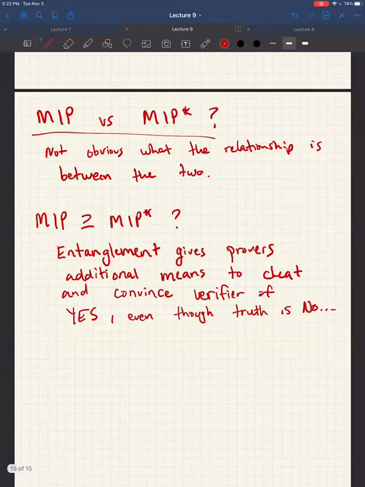So this is one intuition for why giving provers this extra power is detrimental to your interactive proof.